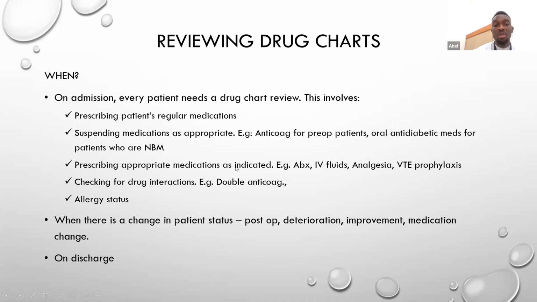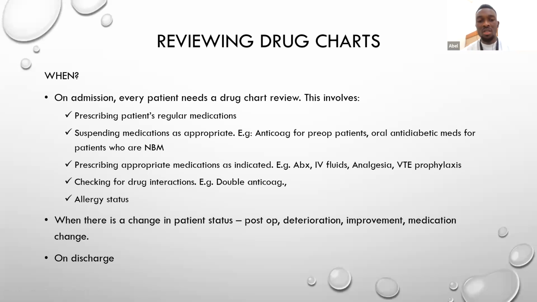You need to prescribe appropriate medications as indicated. So based on why the patients come into hospital, whether it's antibiotics or IV fluids, analgesia, or whatever they need on admission should be prescribed during drug chart reviews. We also need to check for drug interactions.